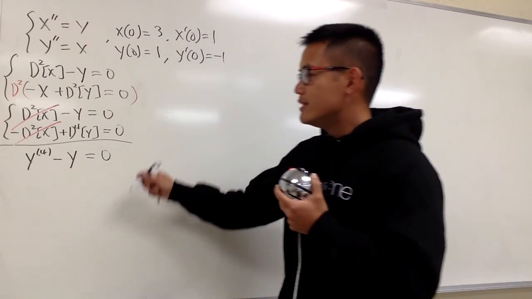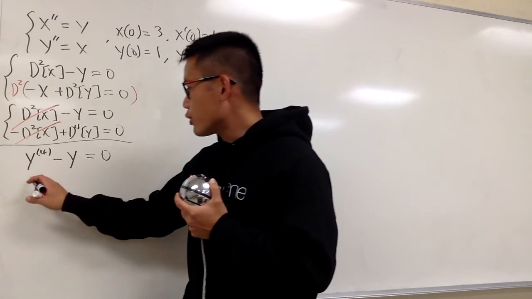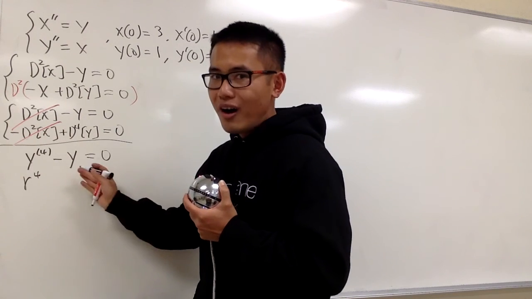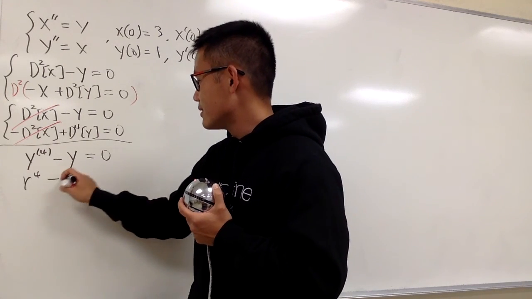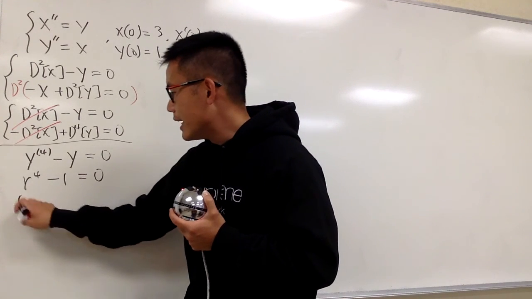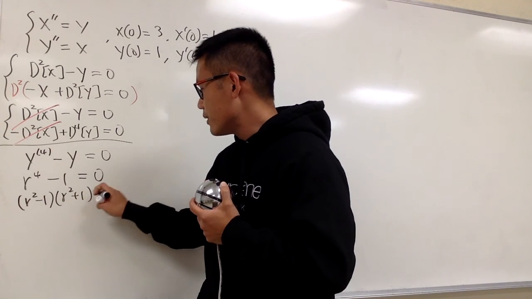Well, we can still change this to its characteristic equation. So this is going to correspond to r to the fourth power, and this is going to correspond to no r, but we do have the minus 1, like this, and make this equal to 0. Factor this, we get r squared minus 1 times r squared plus 1 equals 0.